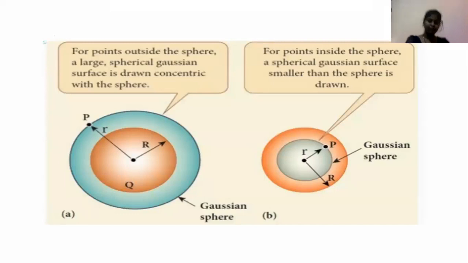E points radially outward, and at point P you consider a small dA pointing in the same direction.